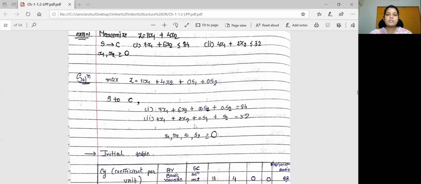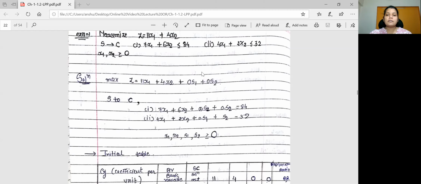Second equation is 4x1 + 2x2. We have already used s1, so we use the second slack variable: plus s2 = 32. In both these equations, if we put x1 and x2 equal to 0, then we find the value of s1 is 84 and the value of s2 is 32.